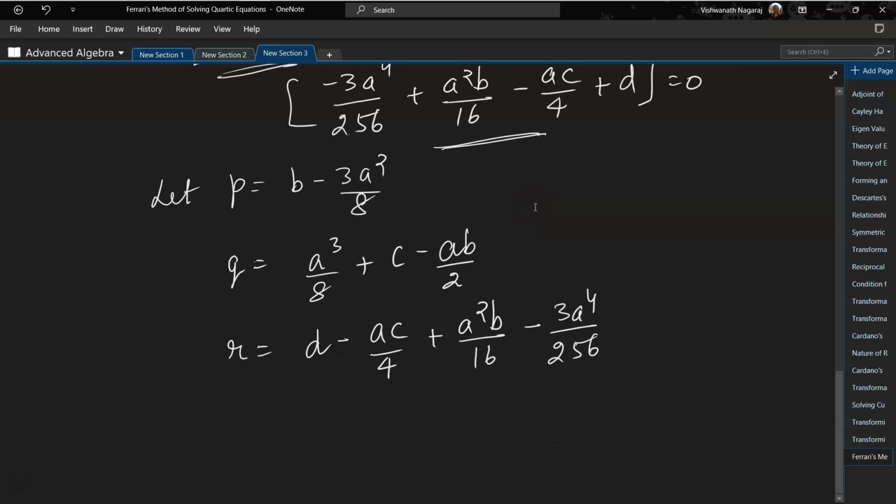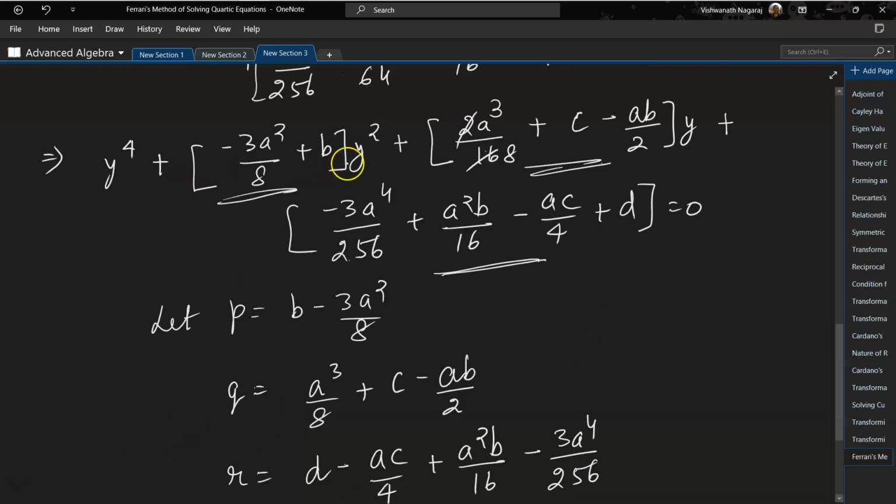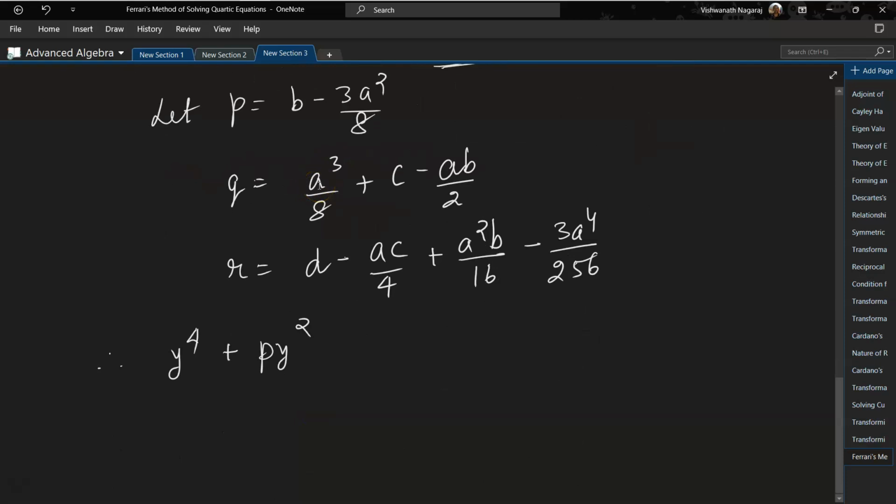Okay, so if we do these substitutions, our equation will become y⁴ + py² + qy + r = 0, with the substitution in terms of p, q, r. Now I will convert this into a perfect square.